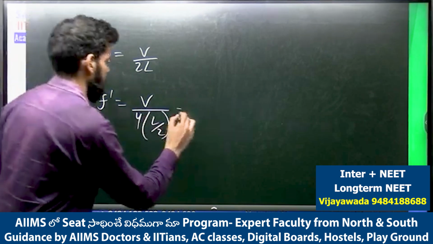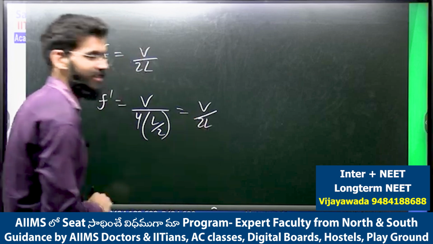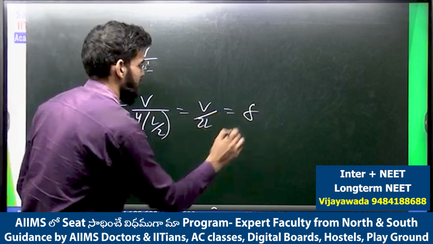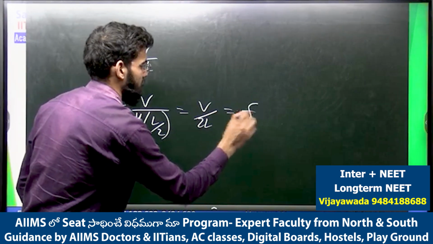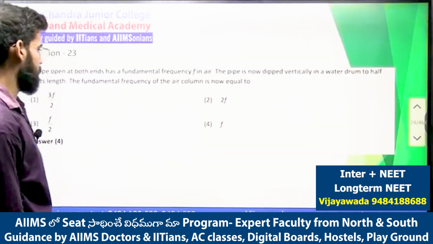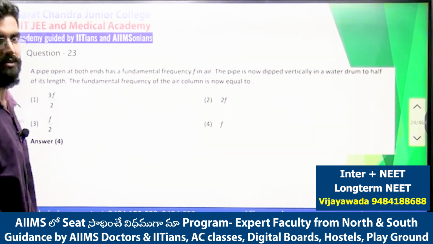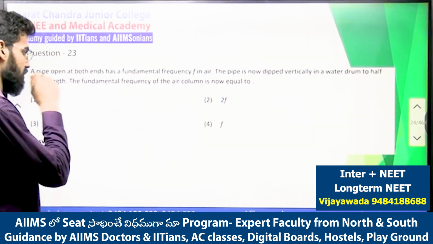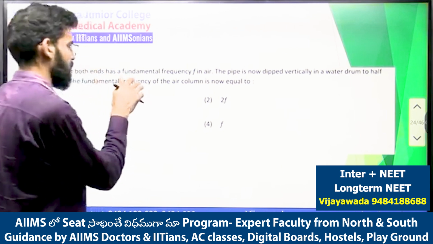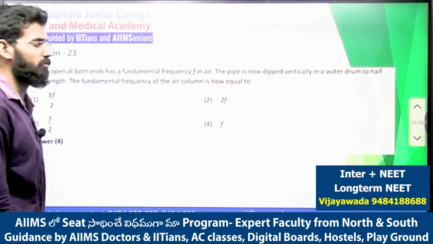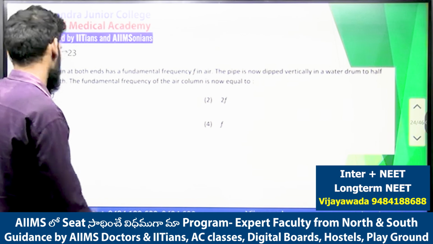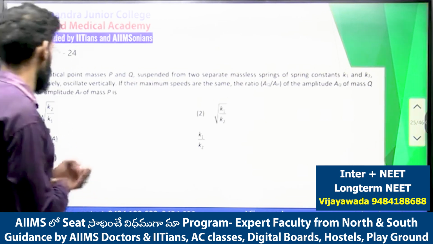So this is nothing but V by 2L only coming. So this is F only. No factor is coming. So answer is fourth option, correct. Length is becoming half, but V by 4L because it became the closed organ pipe. That's it. 24th.